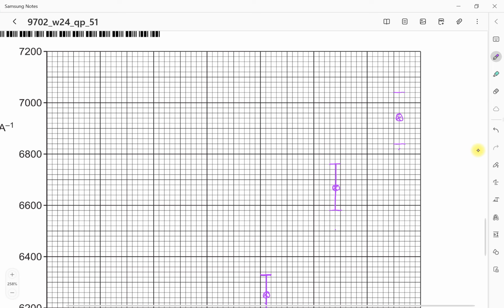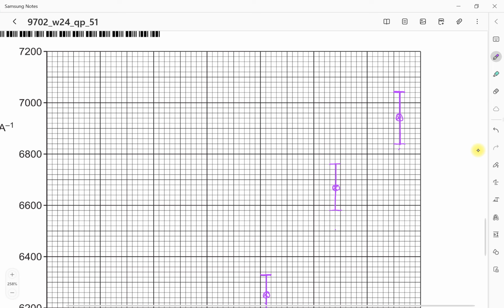Okay, so we now draw the error bar. Please use a ruler to draw very neat error bars. Okay, so those are the error bars.